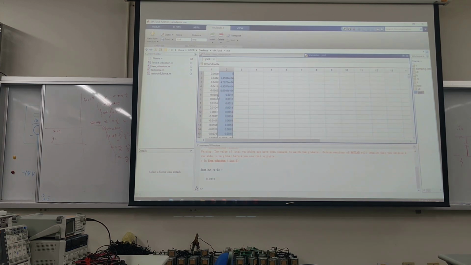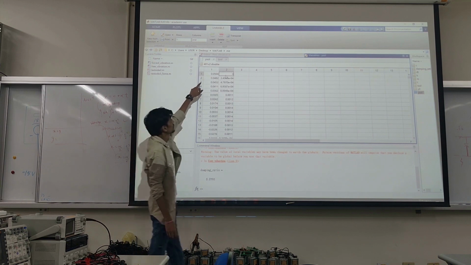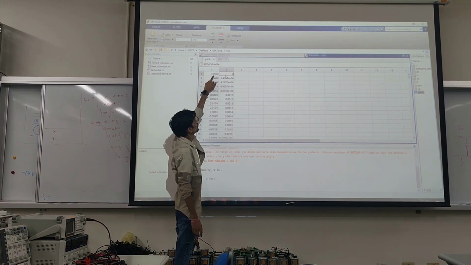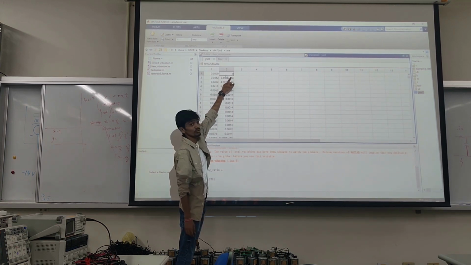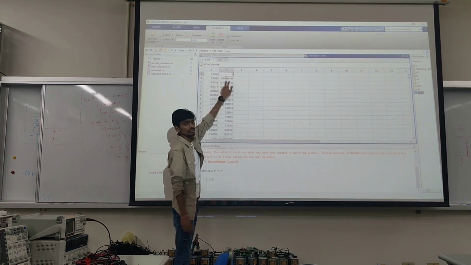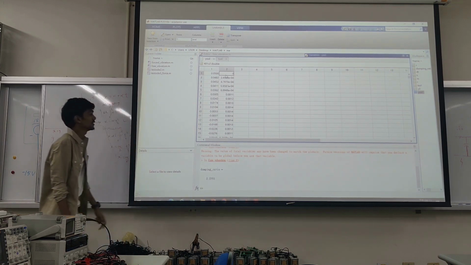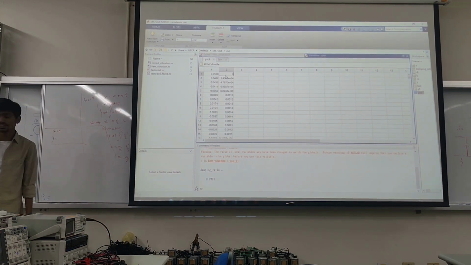So these are at each time step: 0, 0.005, 0.01. At each time step we are getting the velocity and displacement. You can see that at t equal to 0, velocity is what we were given, 0.05, and displacement is 0. In this way we are getting values till time 2.